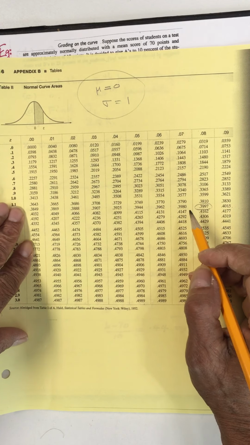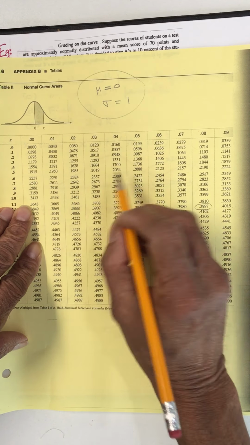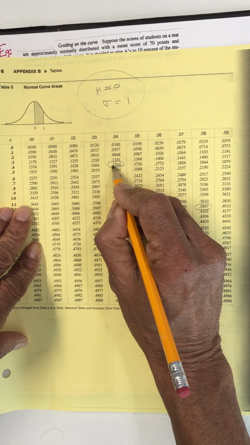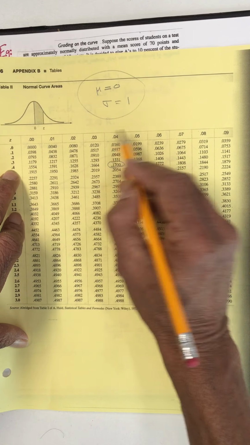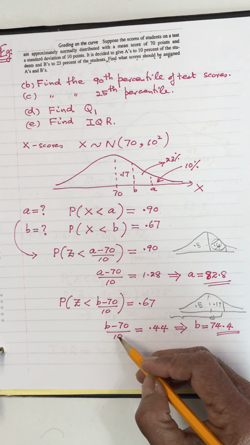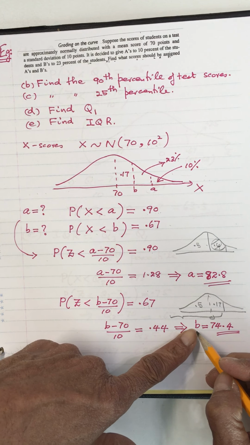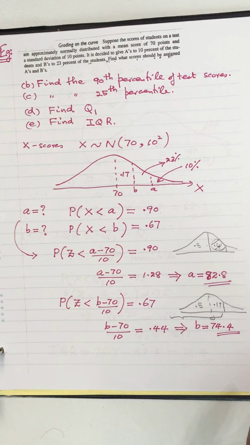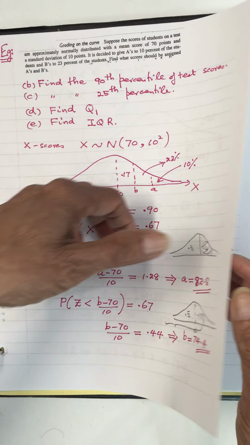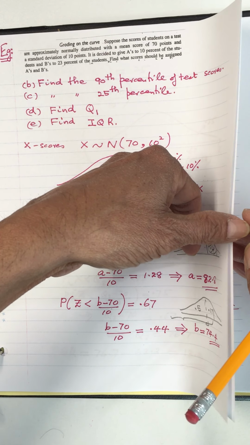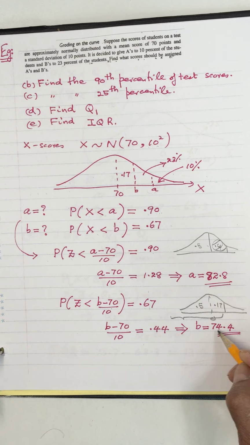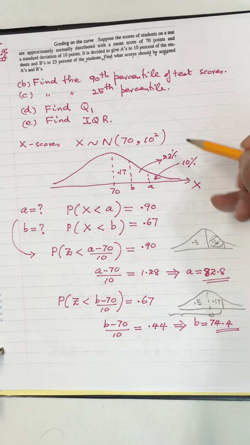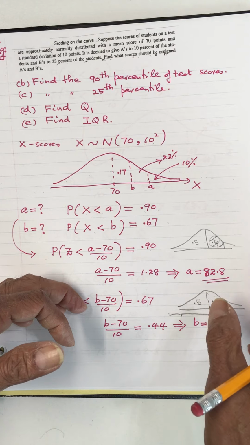Right there, this is exactly that value, 0.44. So the B cutoff is going to be 74.4. You need to give B's from this value all the way up to the A value. That way you are essentially giving 23% B's.